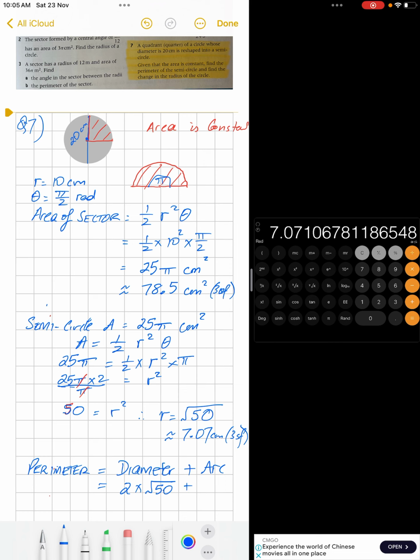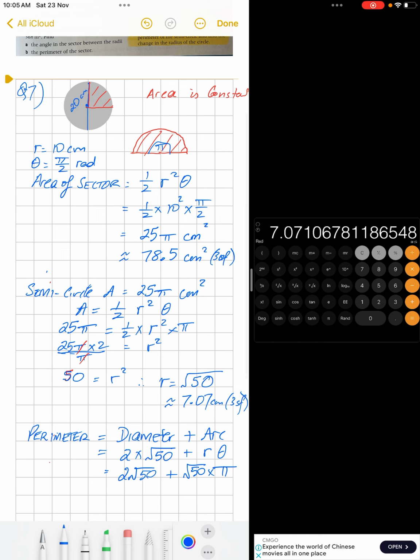The arc is r theta. I'll just put r theta so we can substitute that. So double root 50 plus the radius, root 50, times the angle, pi.